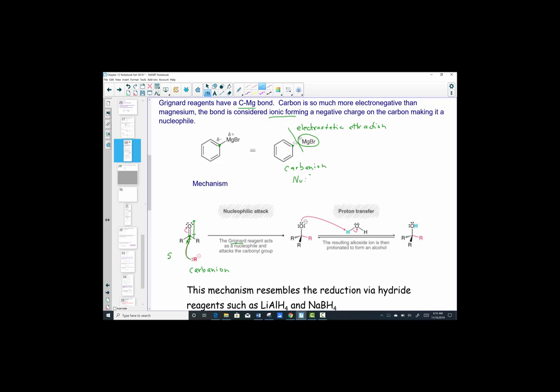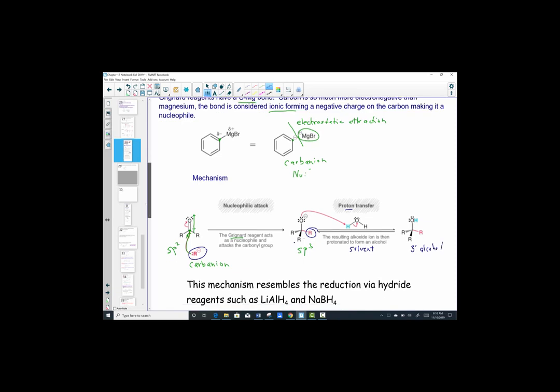We have changed that carbonyl carbon from sp2 to sp3, but notice the key difference: instead of just adding a hydrogen, we've added another R group to the chain that originally had the ketone on. In the next step, the solvent is used to protonate the alkoxide, and here we've converted to a tertiary alcohol.